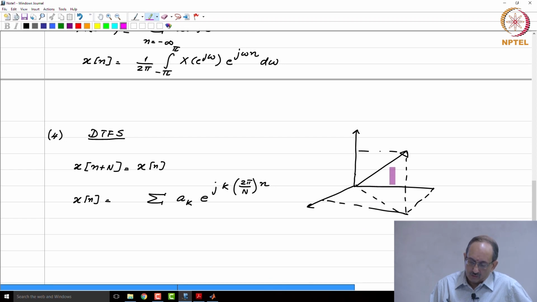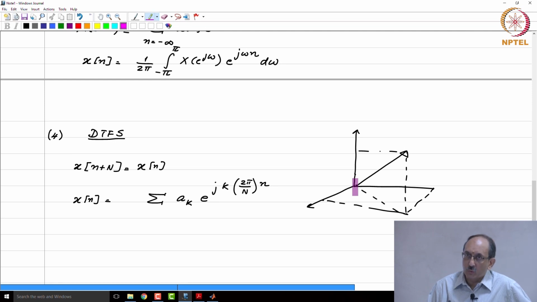And if you had in general a vector in 3D space, you needed 3 such basis vectors, right. You needed i, j and k, or ax, ay and az, various names given for the 3 coordinate axes.